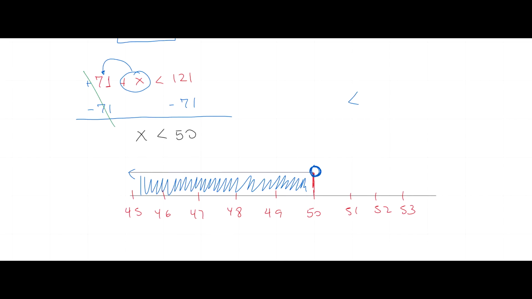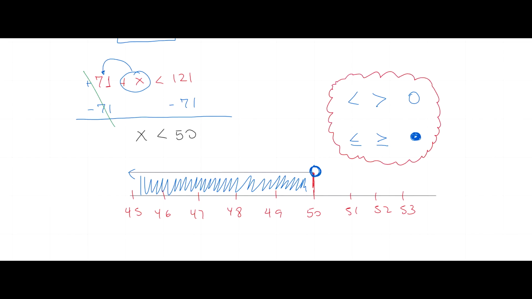When you have less than or greater than, you always are going to use open. And if you have less than or equal or greater than or equal, it's going to be closed. So this is the most important part for this lesson. You need to know this. So you got to memorize this part.